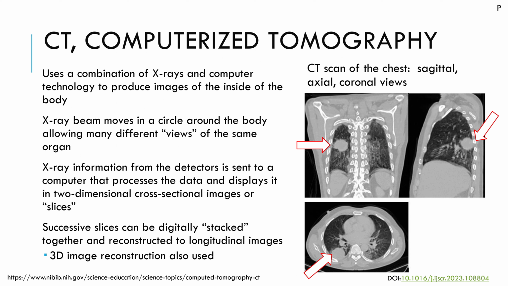It takes an X-ray beam and moves it in a circle around the body, allowing different views of the same organ. The X-ray information is sent to detectors, which process the data and display it in a two-dimensional format in the form of slices starting from the head and going to the feet. The successive slices can be digitally stacked and then reconstructed in longitudinal images or made into 3D images.